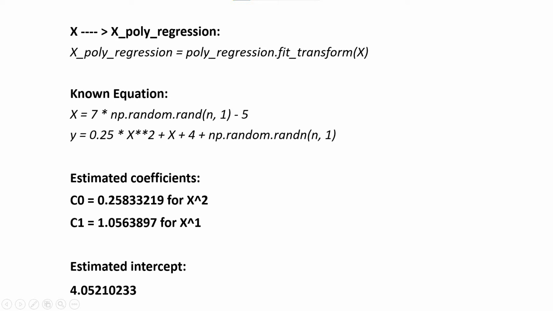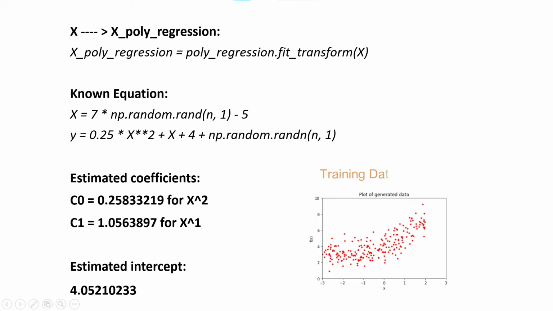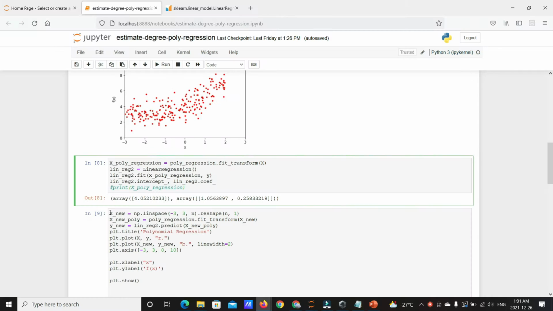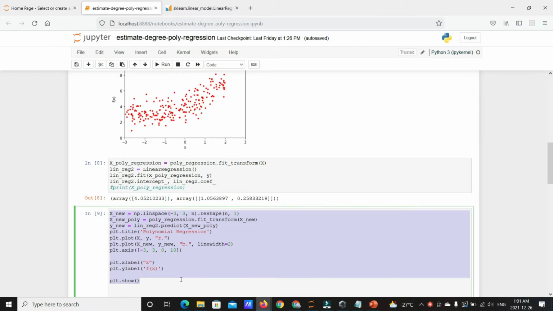In machine learning terminology, we have now trained a quadratic polynomial model, and the dataset we used is called the training data set. Let us visualize how well our regression model, with its estimated intercept and coefficients, fits the training data.